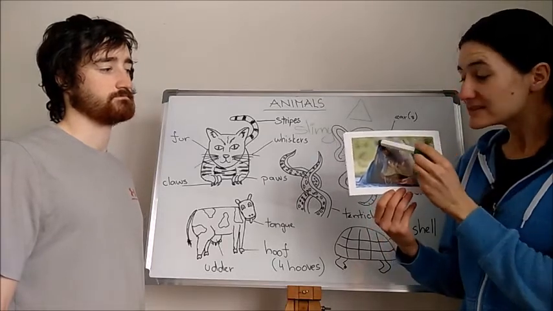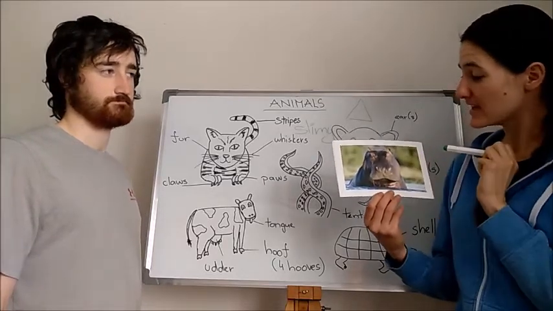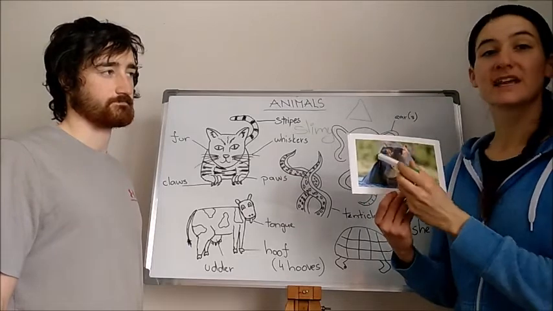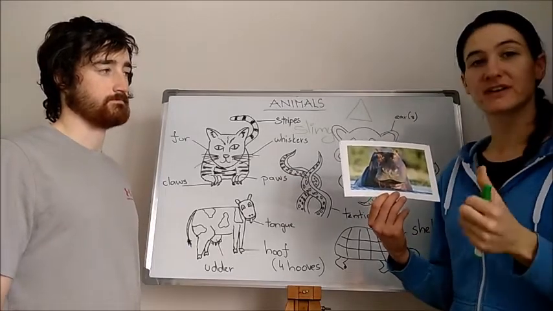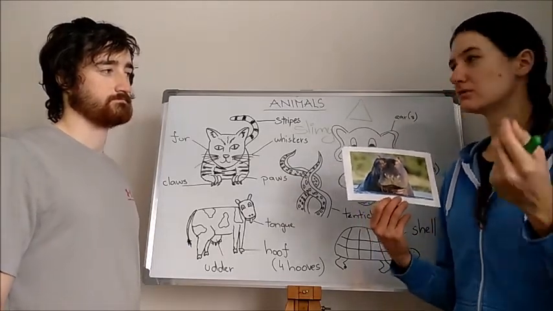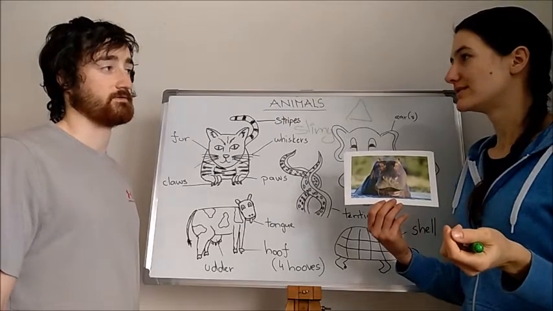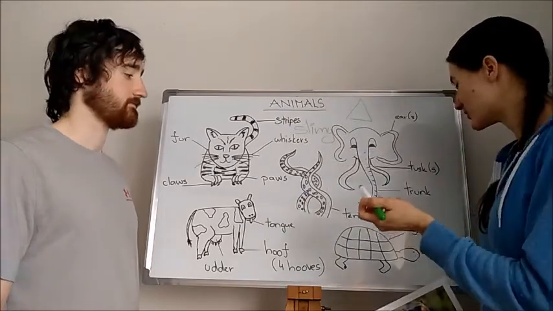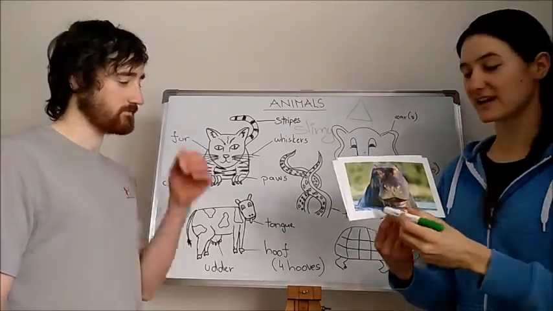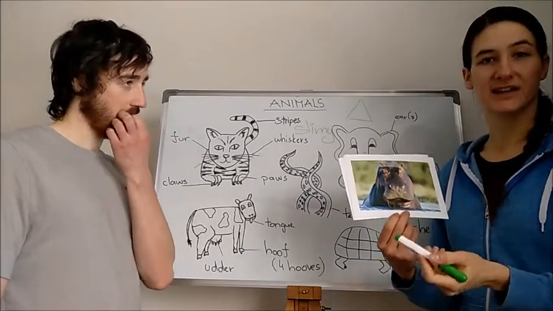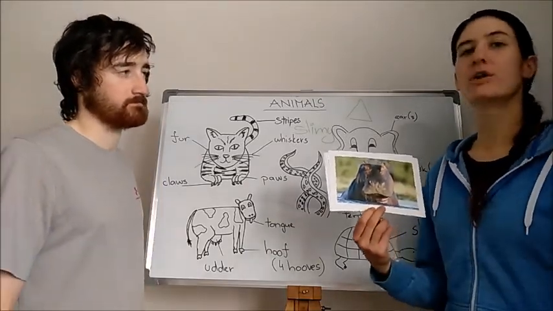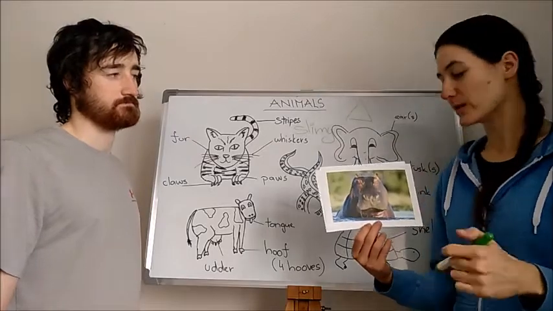They have little tiny ears. They have skin. They don't have fur, scales or shell or anything like that. They have skin because they can live in the water. They can live on the land as well.